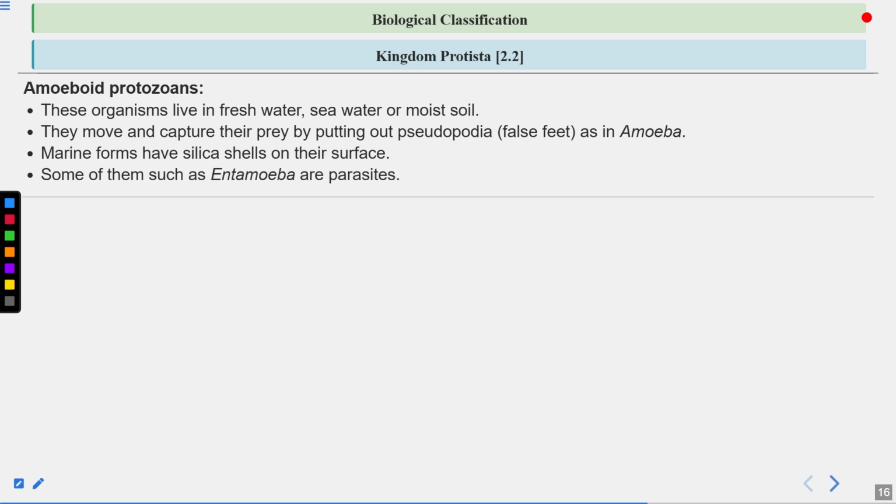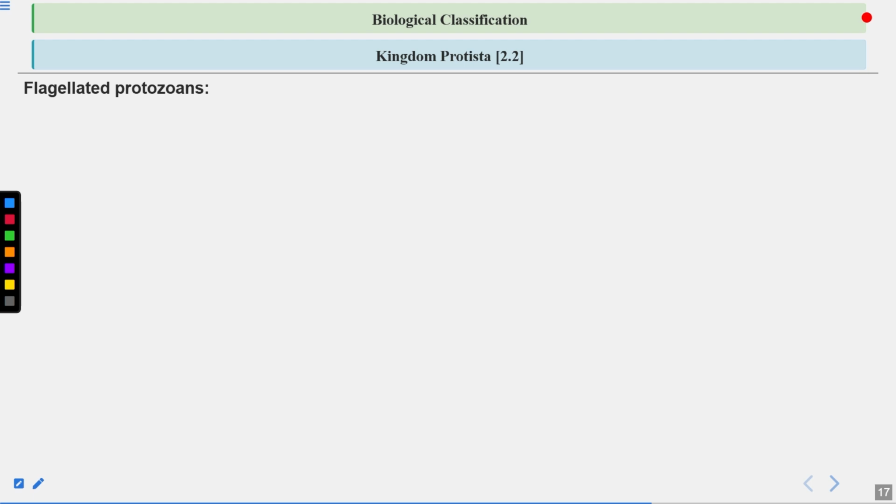Some of them, such as Entamoeba, are parasites. Entamoeba histolytica is an amoeboid protozoan. It is a parasite and it causes a disease known as amoebic dysentery.